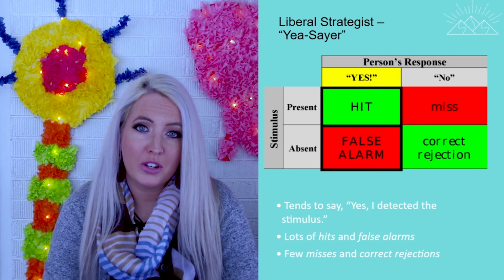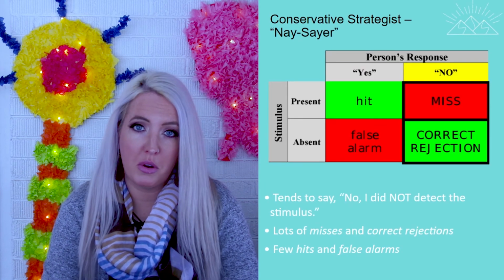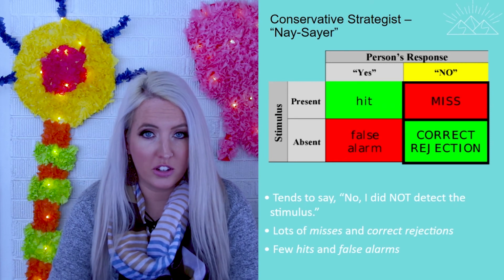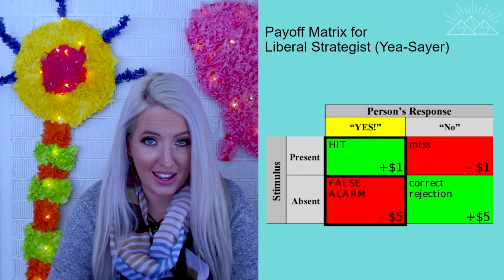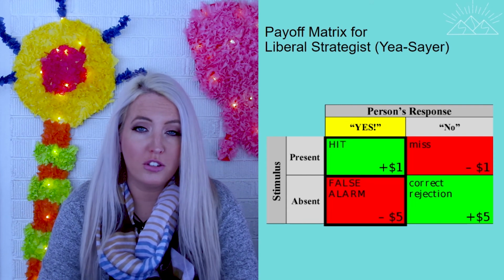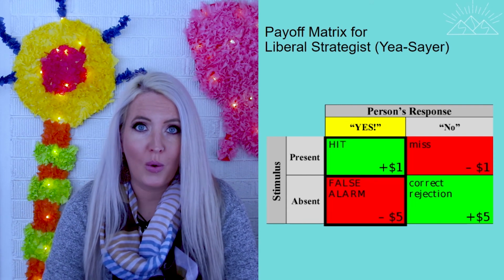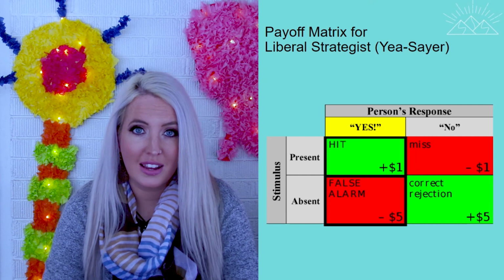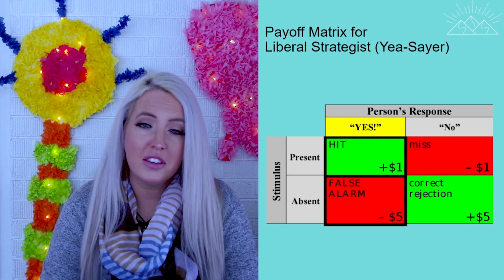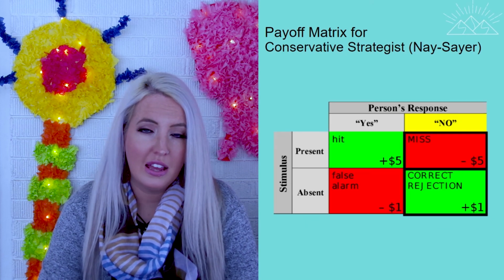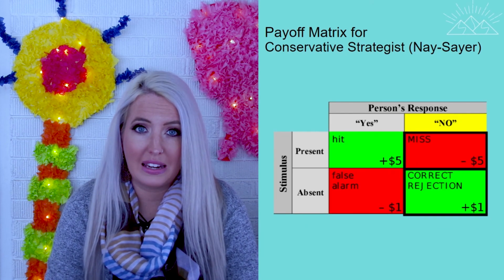And we can create what's known as a payoff matrix for someone who is a liberal strategist or a conservative strategist to try and give them an incentive to stop saying yes so often and learn to be more cautious. Or someone who is too cautious, give them an incentive to start saying yes more often. This would be great for signal detection theory if, say, we're looking for a qualified candidate.